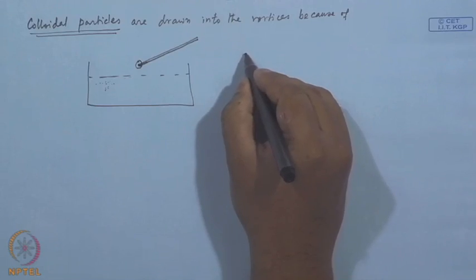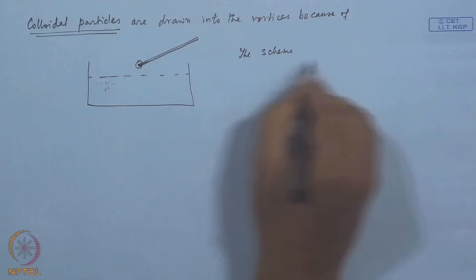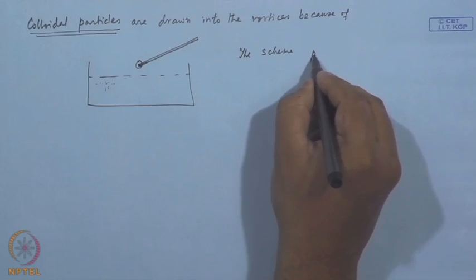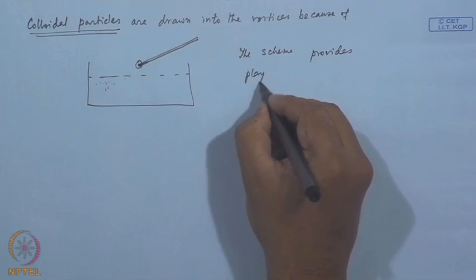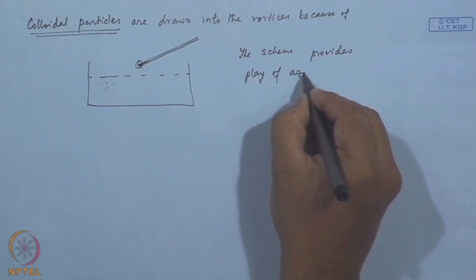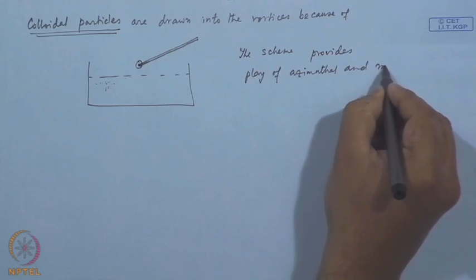bulk liquid. I mean, the idea here is ideally suited for use in microfluidic devices, because the scheme basically provides play of azimuthal and radial velocity profiles.